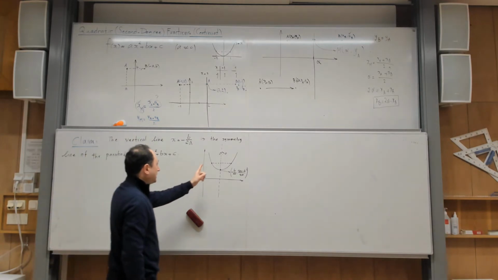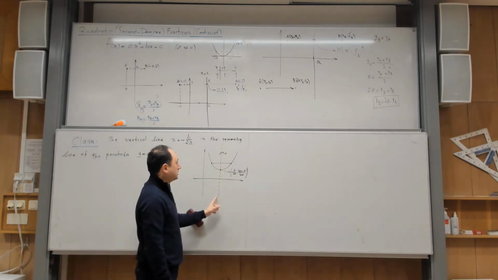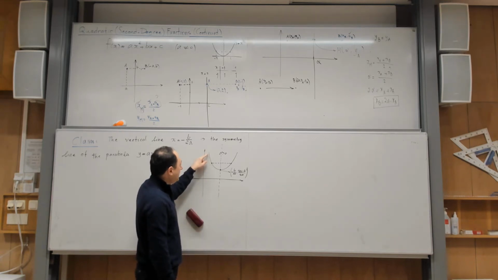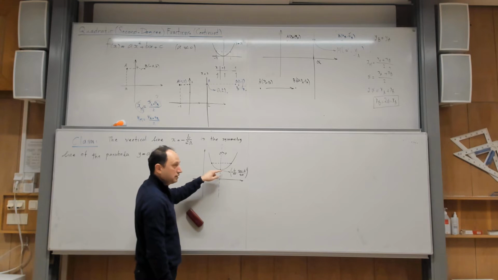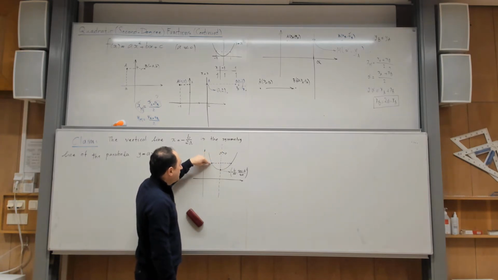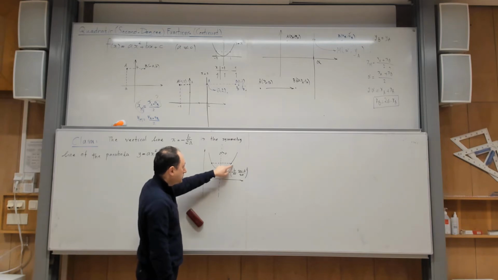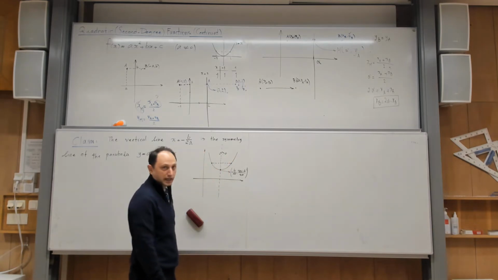So when I claim that this line is the line of symmetry, it means that if I choose any point that I like on this parabola and find the mirror image of that point with respect to this vertical line, I am claiming that that point definitely lies on the parabola again.